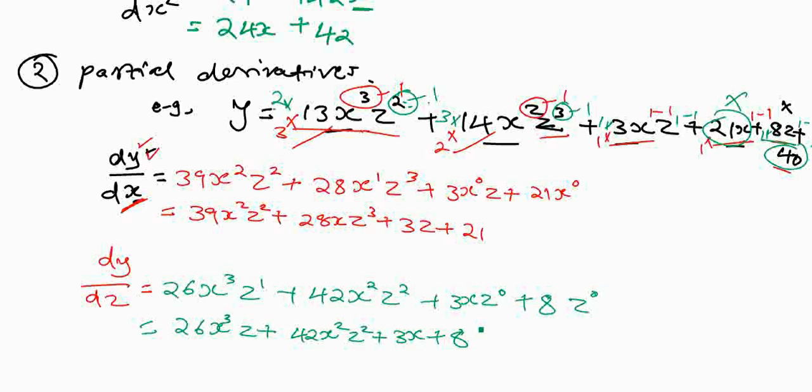So that is what you need to know regarding partial derivatives. Good. I think we have finished learning the rules regarding differentiation. So I'll stop there for this video. In the next video, I'm going to show you how to apply the concepts of differentiation. Thank you.